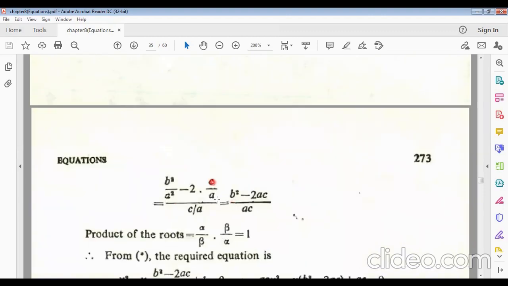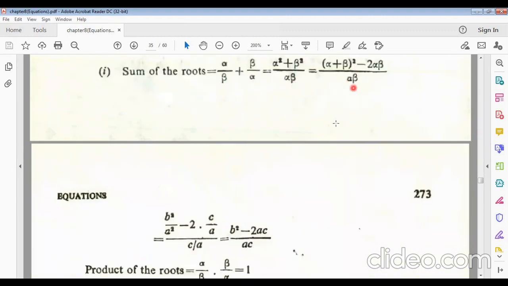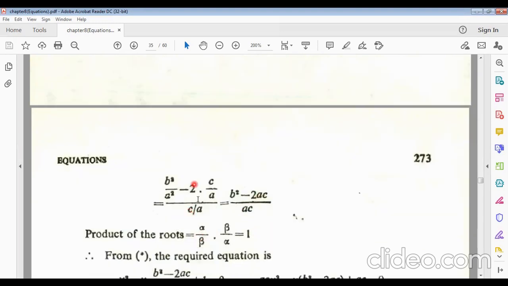Putting this, alpha plus beta means minus b by a whole square minus twice c by a, and alpha into beta is only c by a. Now taking LCM a square in the numerator, we get b square minus twice ac divided by c by a. Since it is a fraction divided by a fraction, after multiplication the denominator fraction will be inverted, that means it becomes a by c. So one a will be cancelled, and we get only this one.